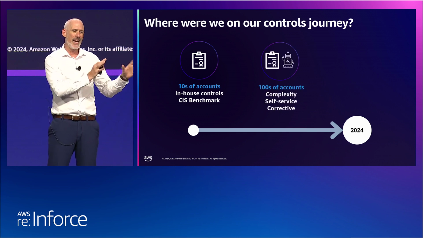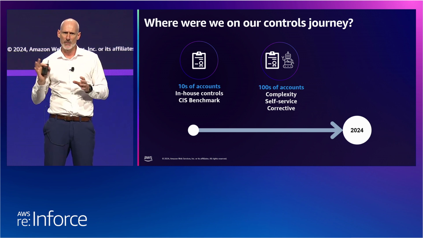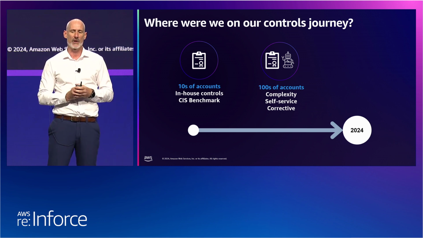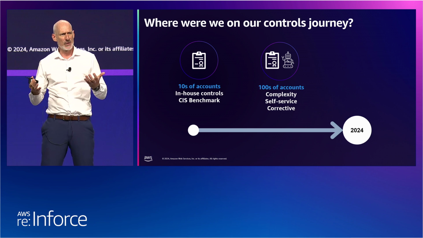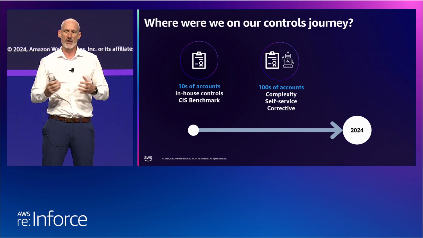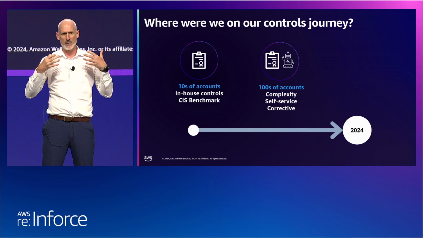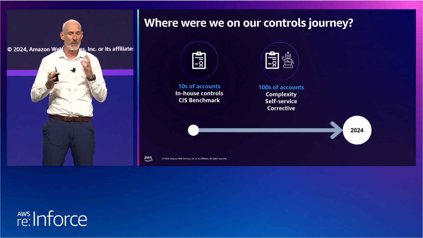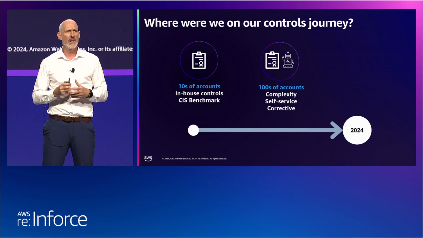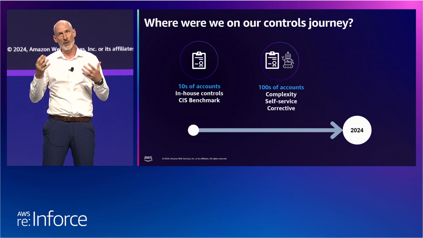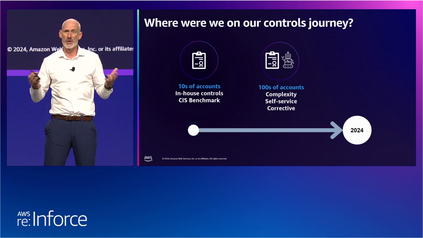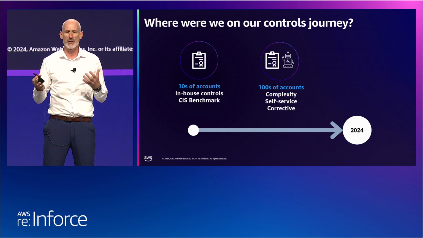As we moved from tens of accounts into hundreds of accounts and we started to move more applications across, being a financial services company, we have strict change control. And so as the number of accounts grew, trying to get those controls out onto the accounts, the complexity grew. We changed the way of deploying the controls into a self-service tool using infrastructure as code.